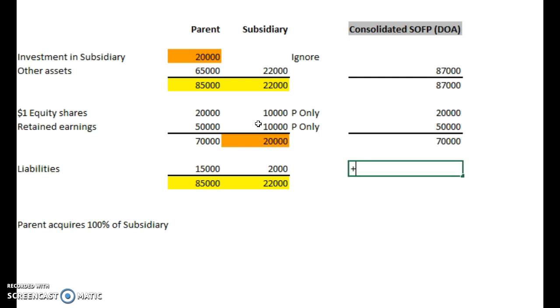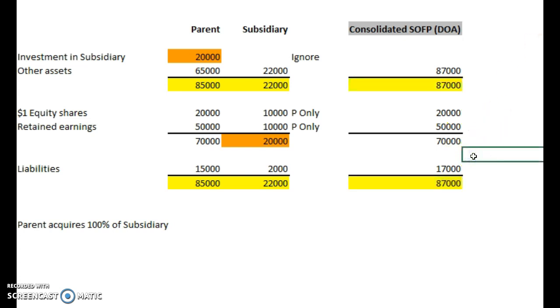and the liabilities, we just add those up. 17,000, and then these two add up. And we can see here that the net assets equals the assets equals the liabilities plus the equity, which is what we expect.